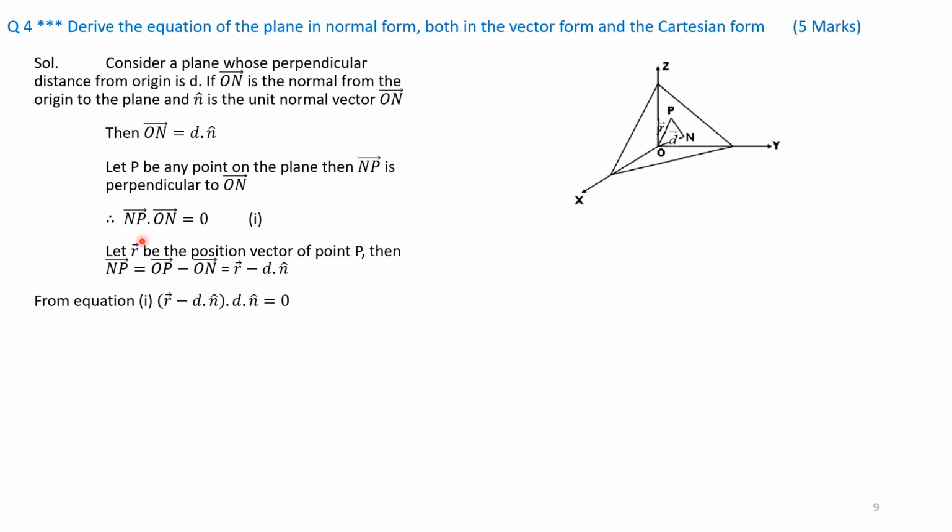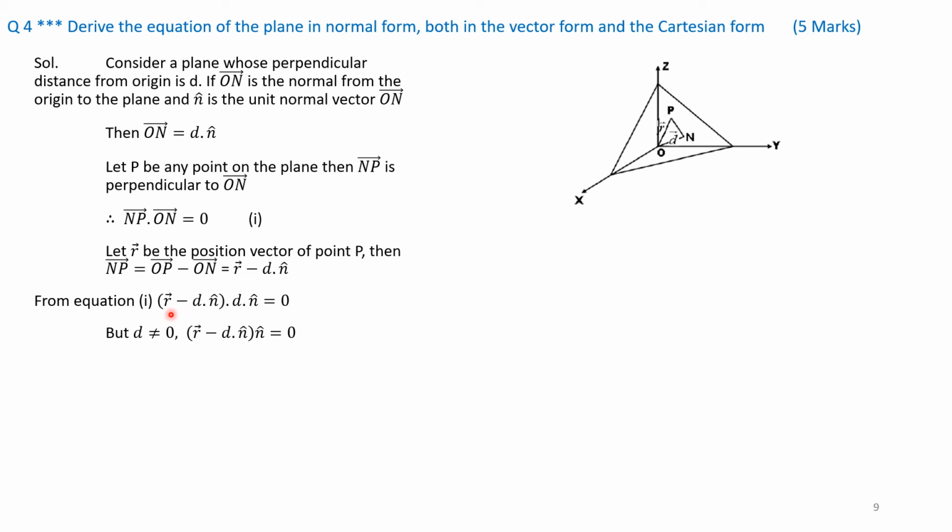Here we have substituted NP as vector R minus d n cap, dot ON which is d n cap. That should be equal to 0 for perpendicular.